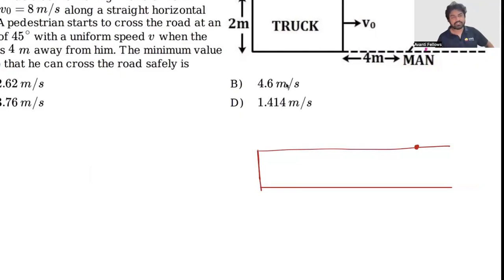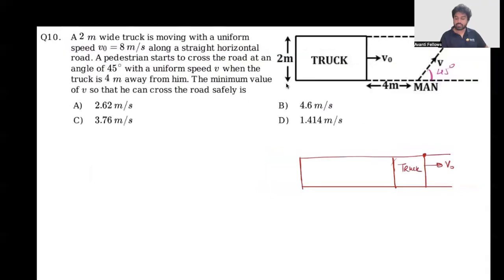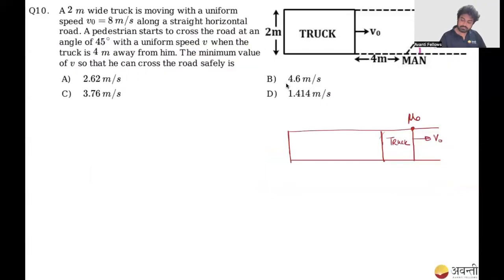So what will be the condition at this time? The condition at this time will be the truck is just crossing. This is the man, this is the truck. Fine. Chalo, so we have to write some equations.